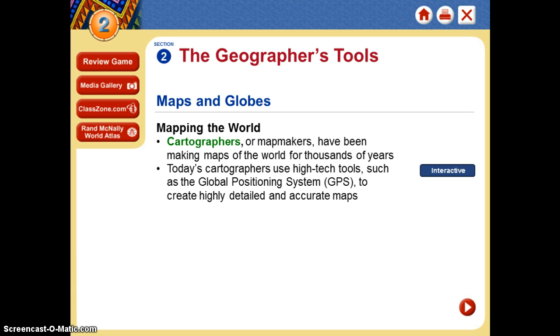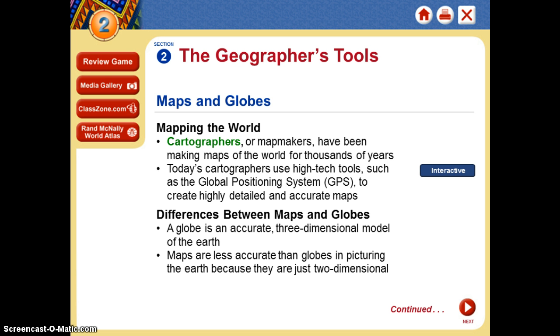I mean, could you imagine how the world was when you had to map it just based on what you see? There was no such thing as even flight. So now we have global positioning satellites orbiting the Earth and creating highly detailed and accurate pictures for us to be able to create more accurate maps.